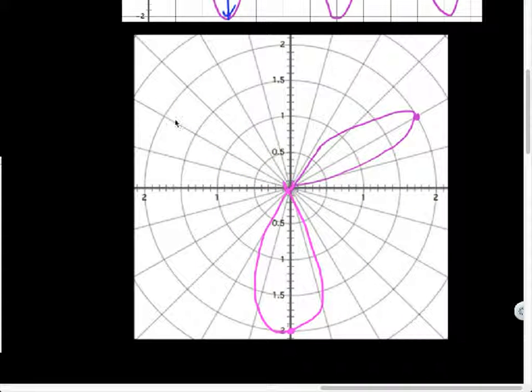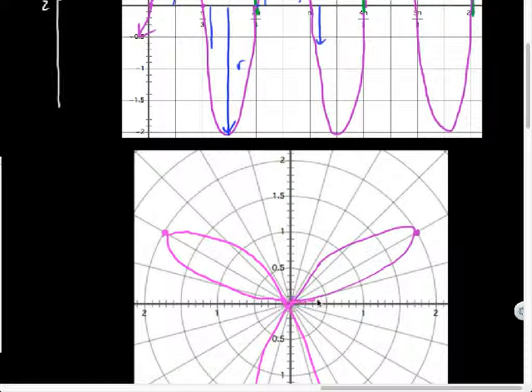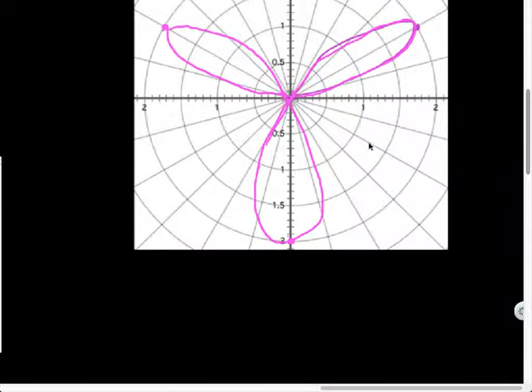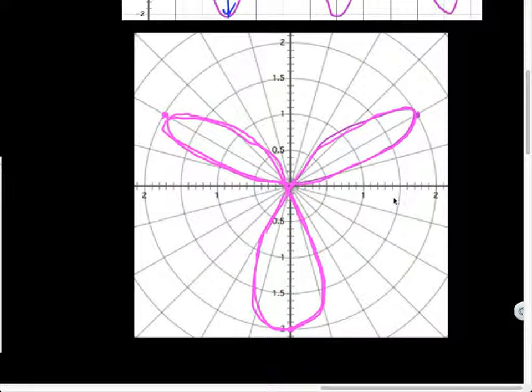Let's see. Oh, it's right here is where it should hit 2, I believe. Yeah, because it's halfway between those. So it's interesting analyzing this when it's positive and when it's negative for R values. And then the rest of it, it's actually going to loop back through this and follow the same exact path another time. That's kind of an interesting behavior there.